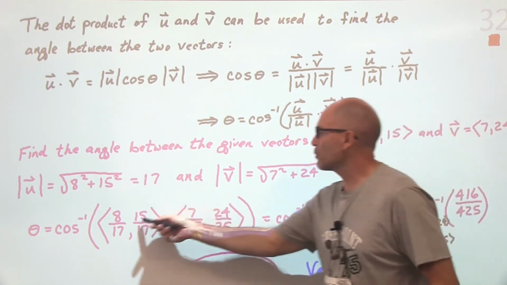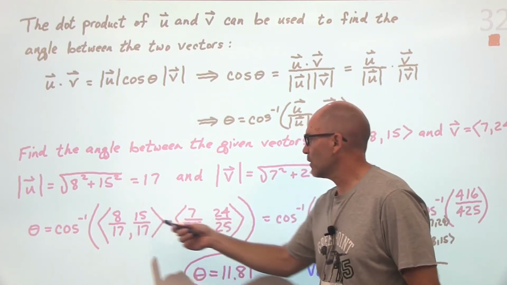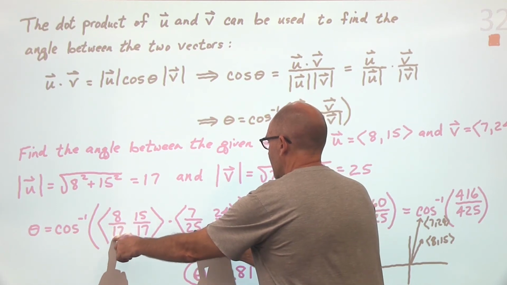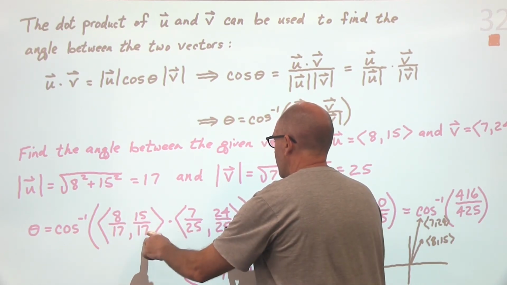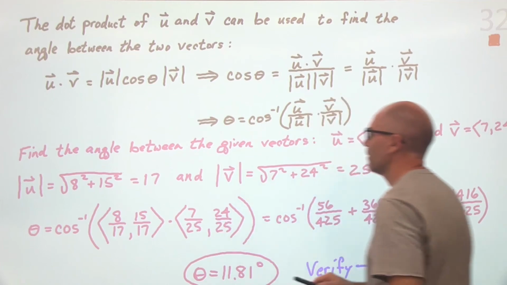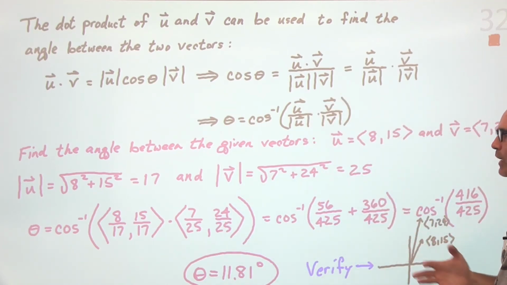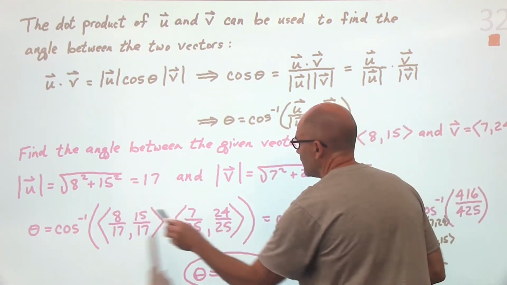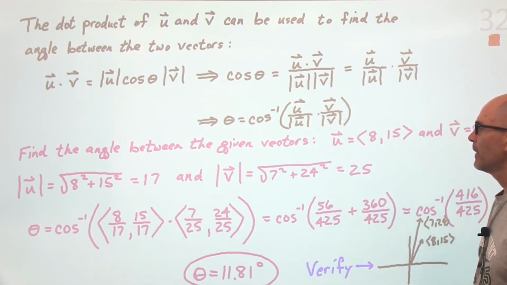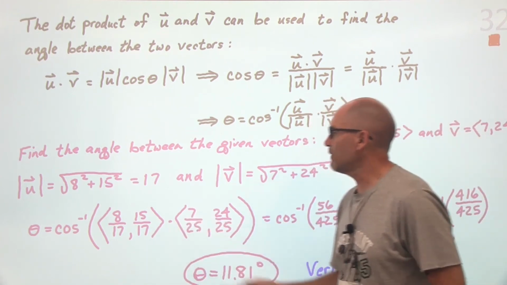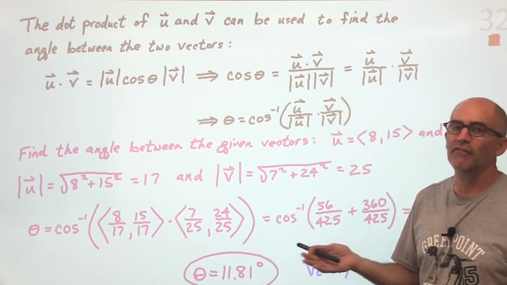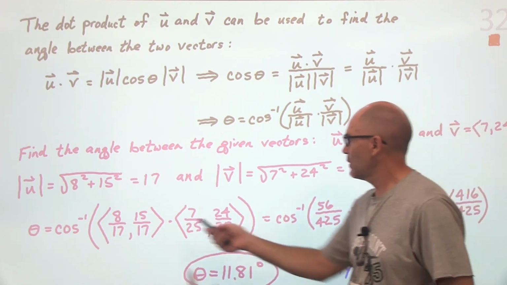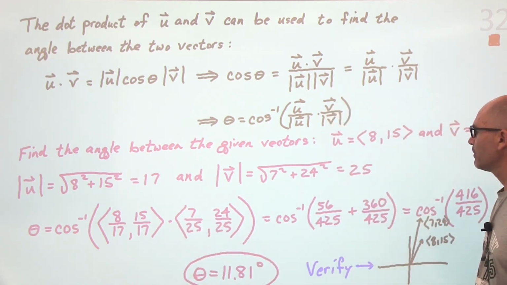Now I want the dot product between these two vectors. I just multiply the two x's, multiply the two y's, and add them up. You would think you'd need a calculator for that, but you wouldn't, because you know 8 times 7 is 56, and 17 times 25. Well, how much money do you have if you have 17 quarters? You have 425. So 17 times 25 is 425.